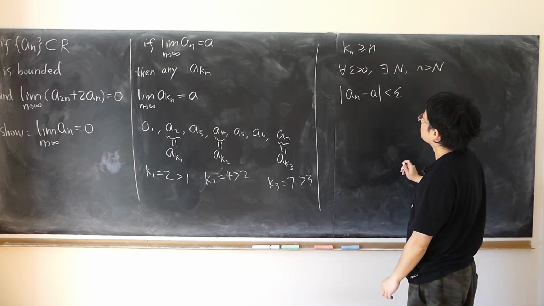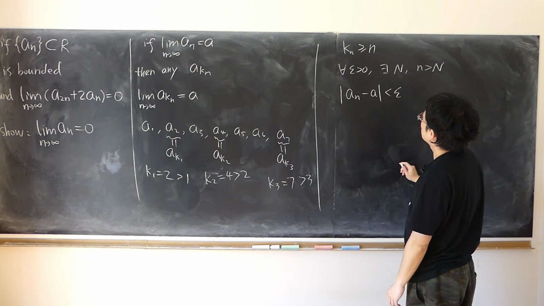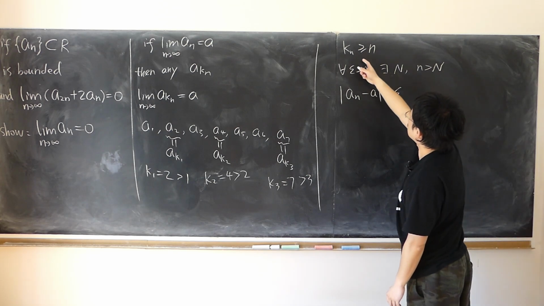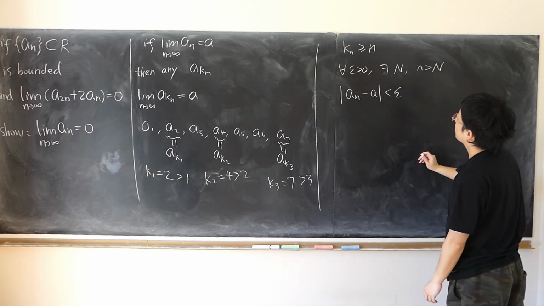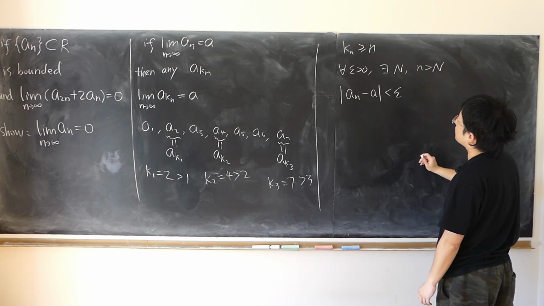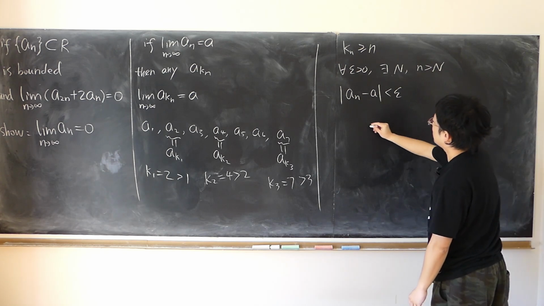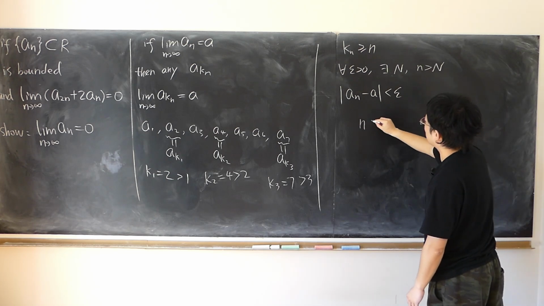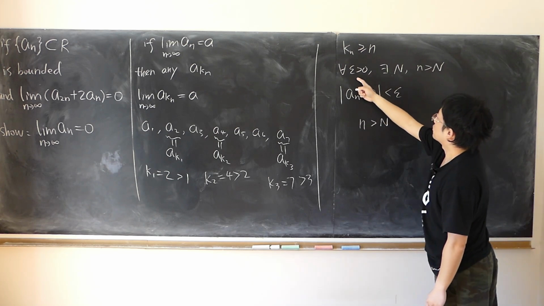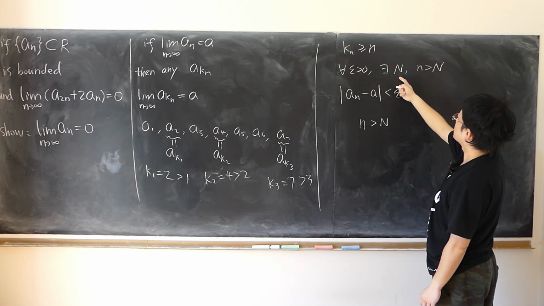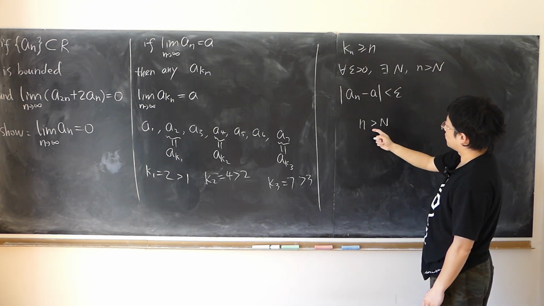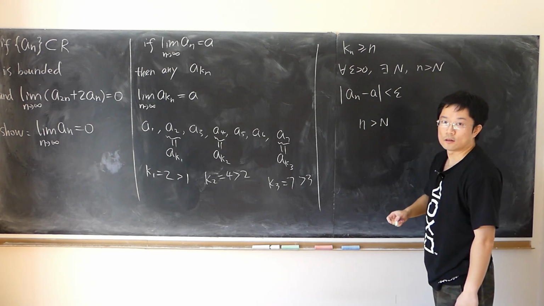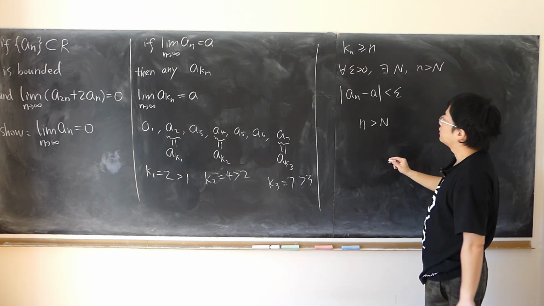Now, since Kn is bigger than n, I can say that as long as I let little n be bigger than this capital N, epsilon fixed, capital N fixed, this is doable. Absolutely doable.